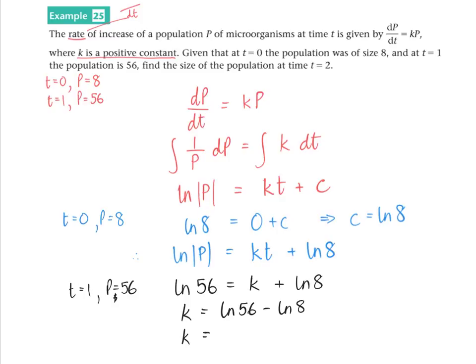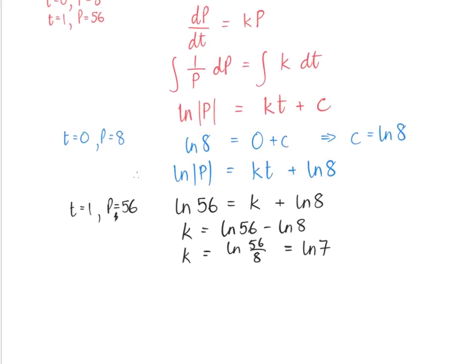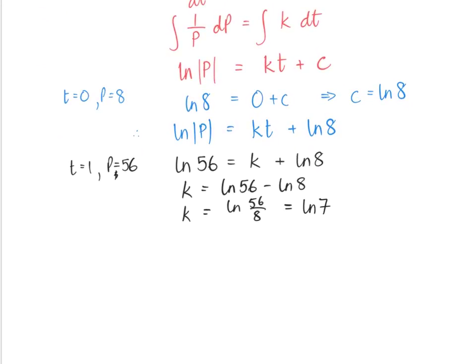So k, if we use our laws of logarithms, 56 over 8, it'll give us ln 7. So we now have our equation. So we'll find out what k is and what c is.